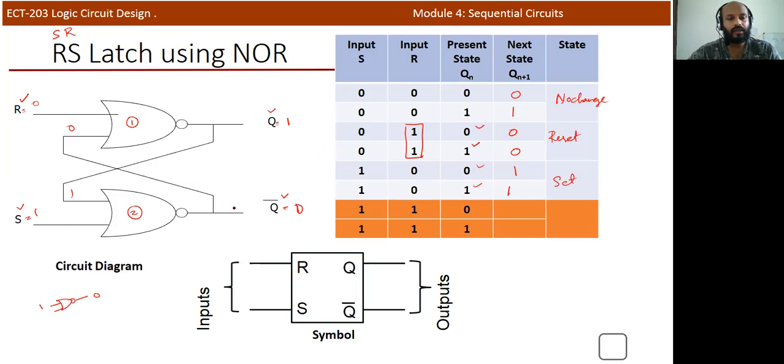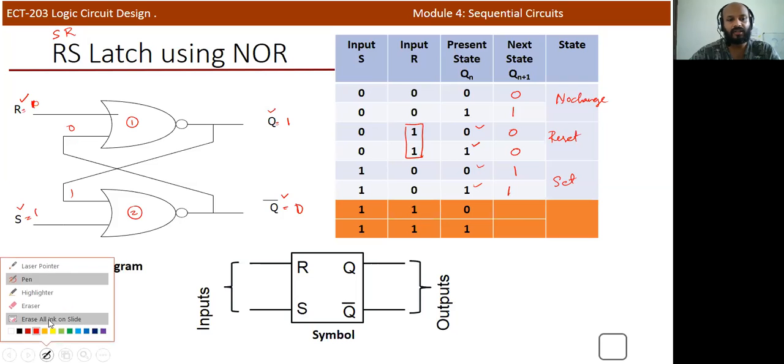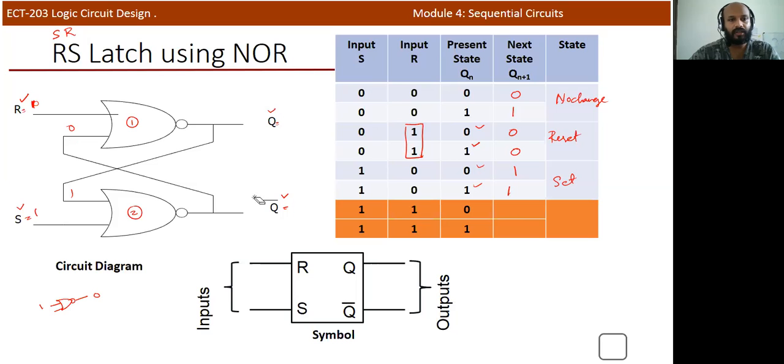Now the other state, 1 1, is invalid in the case of the SR flip-flop, because if you apply 1 1, at this particular state we cannot predict any output. The output is continuously changing, so there is no definite possibility for a valid output. For example, we can consider that case also. If it is 1 1 and assume that Q is equal to 0, Q bar is equal to 1.